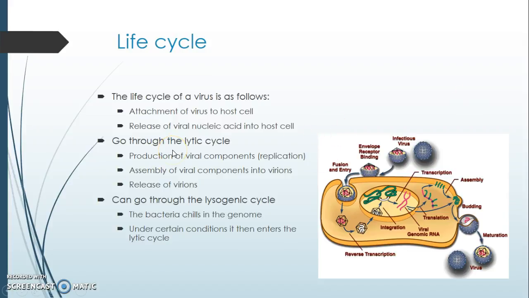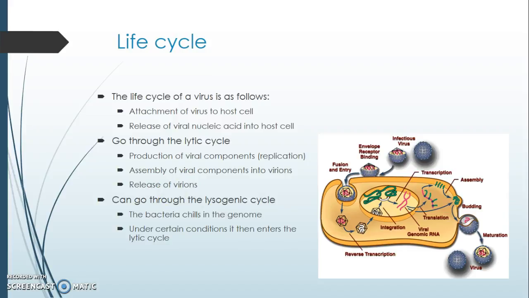You can go through the lytic cycle, where after you incorporate it, you start making your viral components. You make your capsid and your envelope, you replicate your DNA, and you make any proteins that you need. You put them together into a virus, and then you release those virions. A virion is another word for a virus. You release those virions into the environment to go infect more cells.